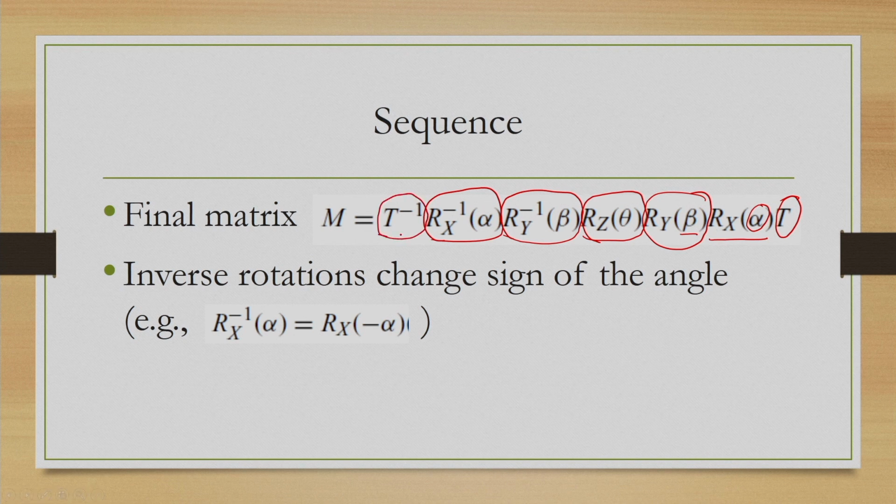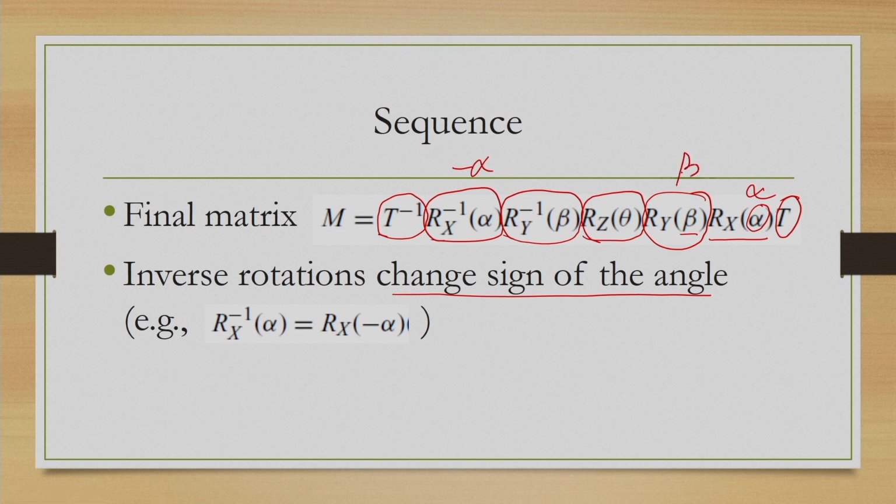Now, since we are rotating in the inverse of what we did in step 2, these inverse rotations can simply be represented by a change of sign of the angle. So, earlier if the angle was beta, then it will be minus beta here, and if the angle was alpha, then it will be minus alpha here. When we rotated about the x axis with alpha, in case of reverse rotation, we will rotate about the x axis by minus alpha.